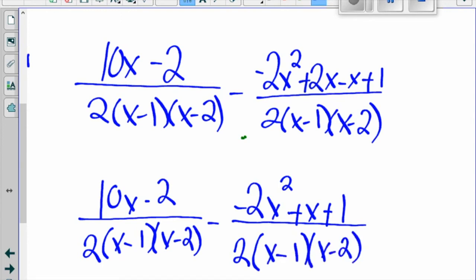And everything else stays the same. So the 2x minus x, we can combine those because they are like terms, so they will go together. Any other questions on any of this here?